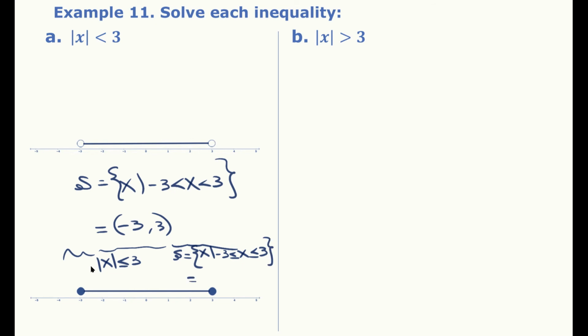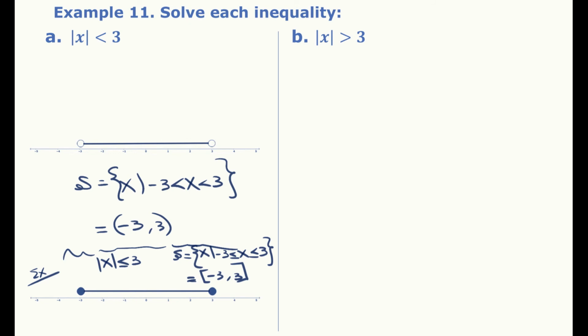And in interval notation, it'll be bracket -3 comma 3, and then bracket. So that would be the only difference. Now remember, at this point we were finished with the original problem. Down here we're doing a new example with a slight difference, less than changing to less than or equal to.